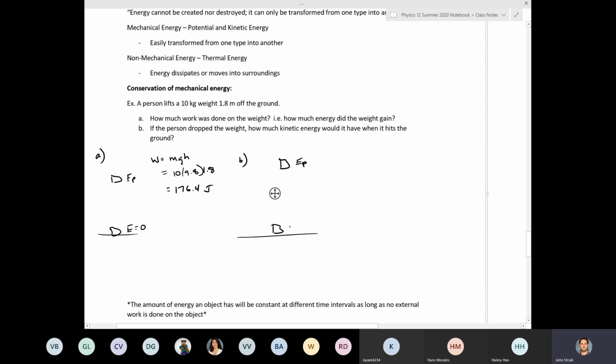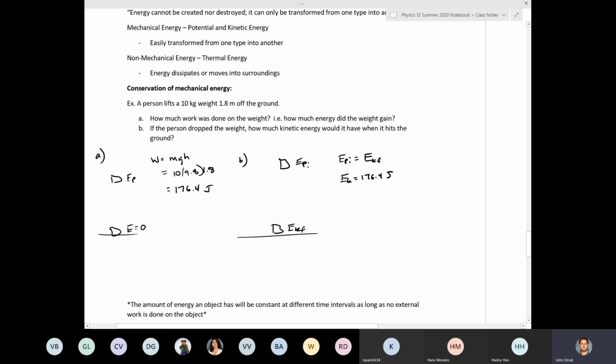So it gains EK by being dropped. And the law of conservation of energy says that it can't be destroyed. It can only be transformed from one type to another. So the EP here becomes the EK at the bottom. This is your initial, this is your final. So EP initial becomes EK final. It's a transformation of energy. And so the EK at the bottom is 176.4 joules.